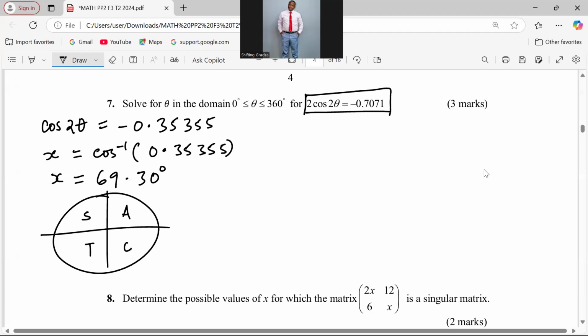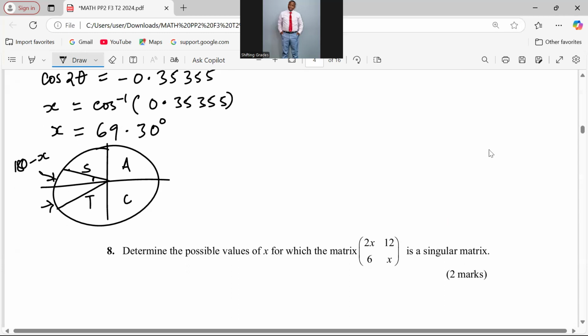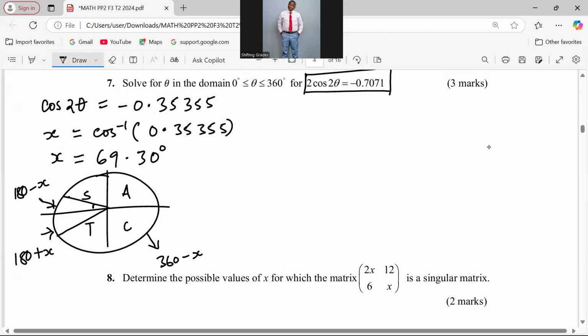Where are cosines negative? In the second, and also in the third. So the angle in the second will be given by 180 minus x, and in the third, 180 plus x. If we wanted it in the fourth quadrant, it would have been 360 minus the acute angle, but we want it in the second and in the third.